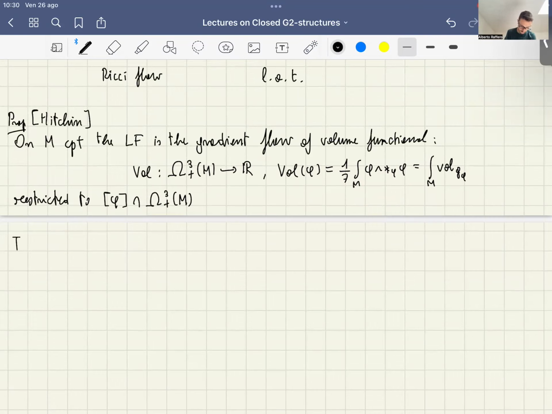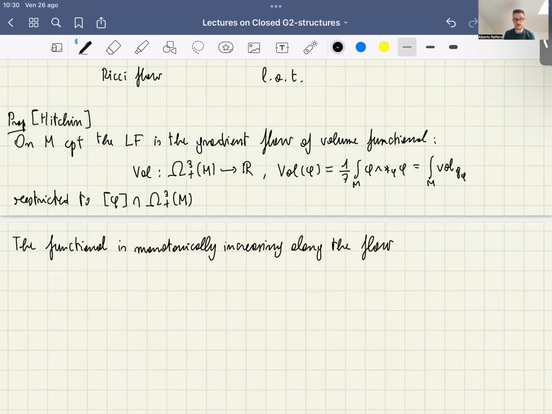This functional is monotonically increasing along the flow, and so in particular, if you have a solution of the Laplacian flow, then the volume of the manifold will increase as long as the time increases.